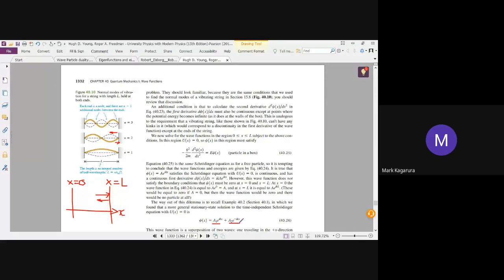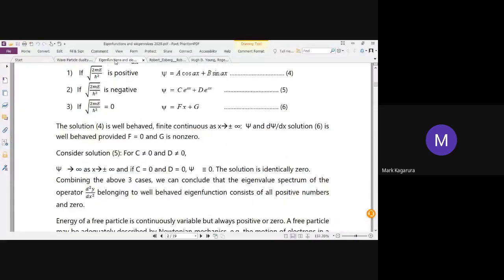Now, this background information is very important for these solutions of the Schrodinger equation. But before that, we can go back to what we already know as our solutions.